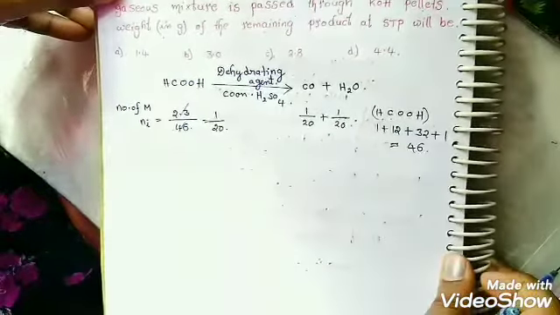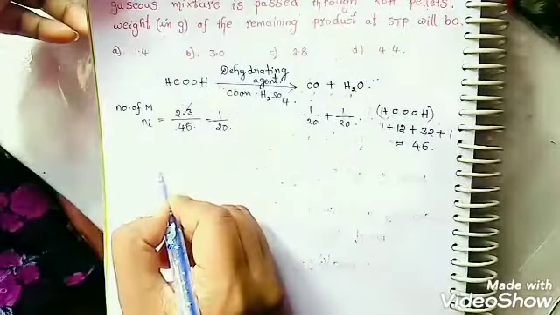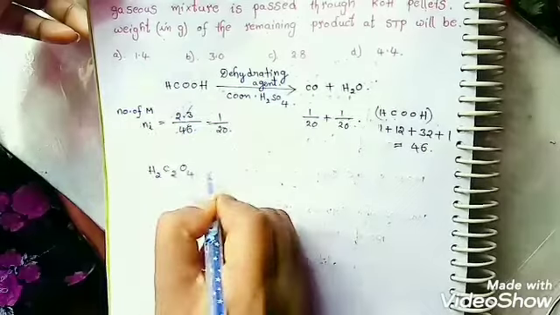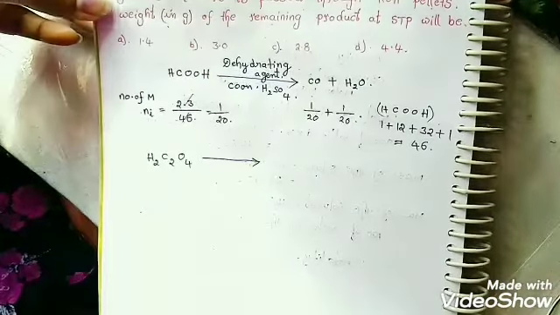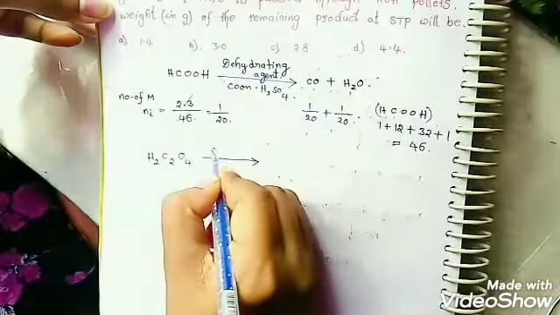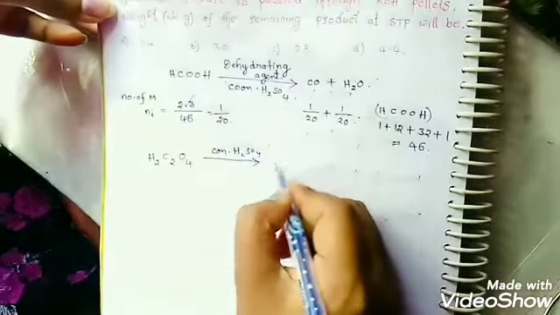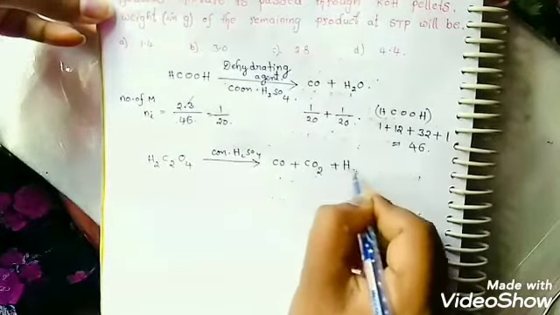And students, if you see the equation for oxalic acid, just like this, as shown above, the oxalic acid formula is H2C2O4. For this also, if you treat this oxalic acid with concentrated H2SO4, then the products are CO, CO2 and H2O.